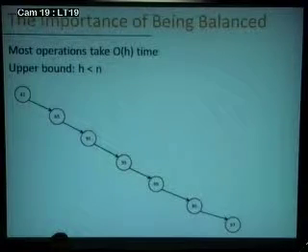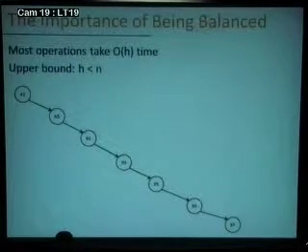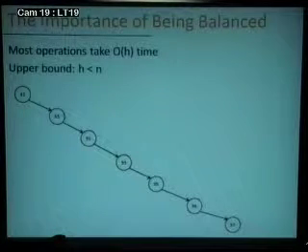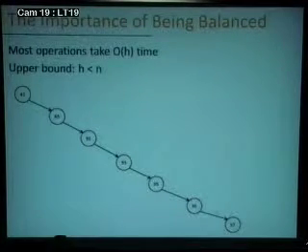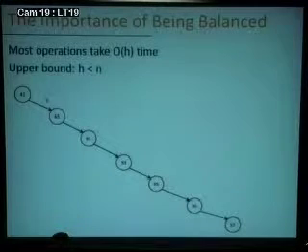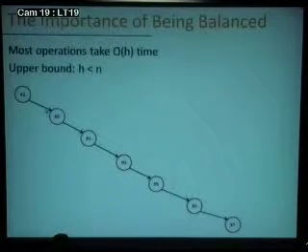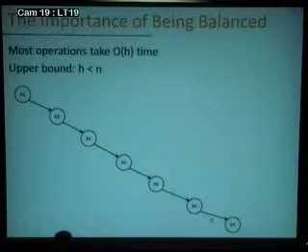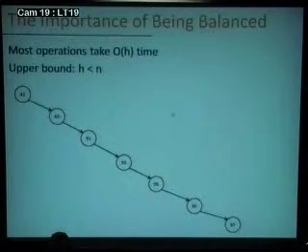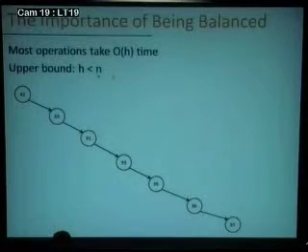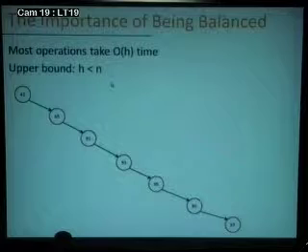And the height of this will be n minus 1 actually. Right? So 1, 2, 3, 4, 5, 6, 7. There are 7 nodes. How many edges from 41 to the deepest leaf? 1, 2, 3, 4, 5, 6, n minus 1. H will be less than n. H can be up to n minus 1.